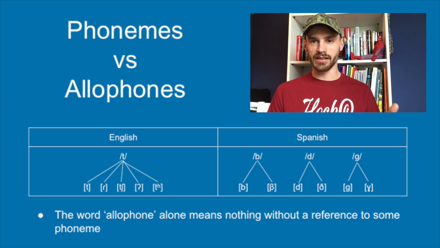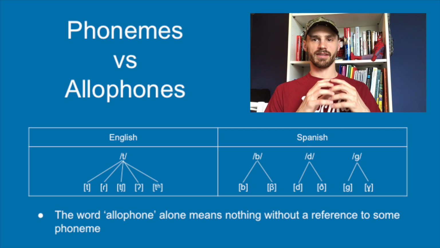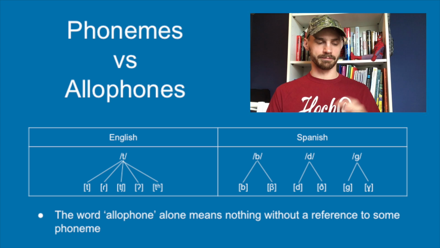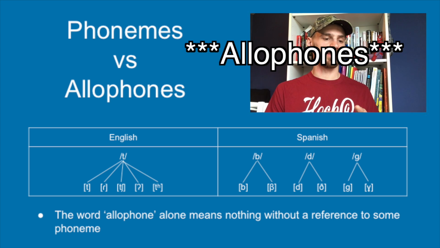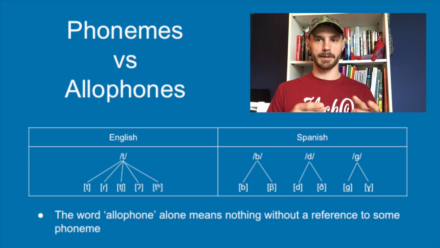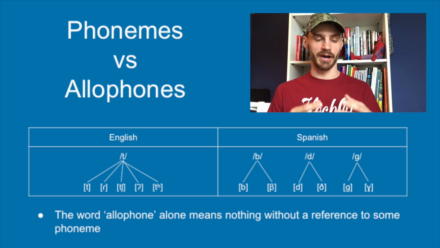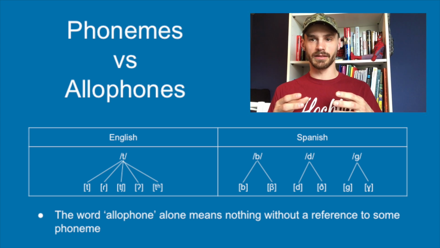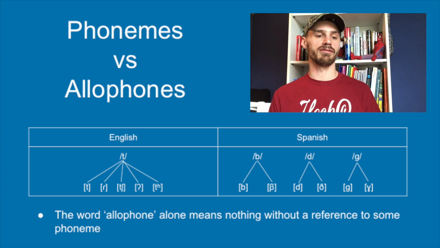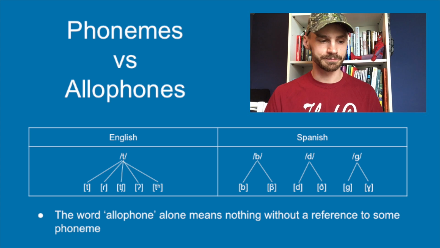Those are all allophones because they're the specific manifestations of the broader phoneme. In the Spanish example, we have b and v, which are allophones of the phoneme b. D and th are allophones of the phoneme d, and g and gh are allophones of the phoneme g.